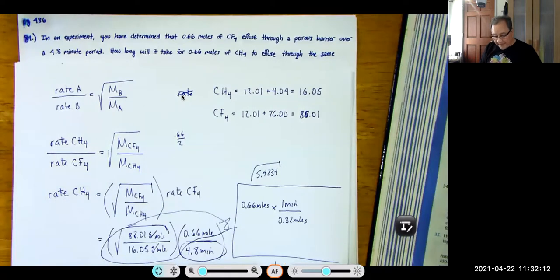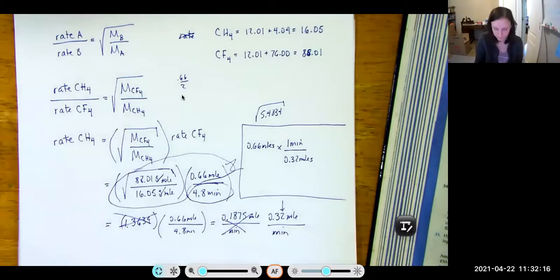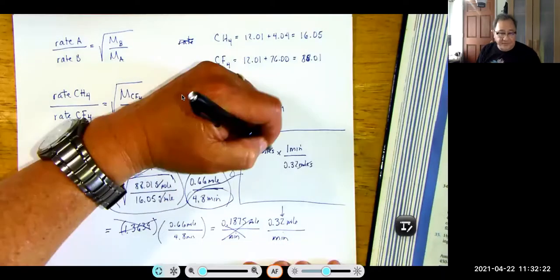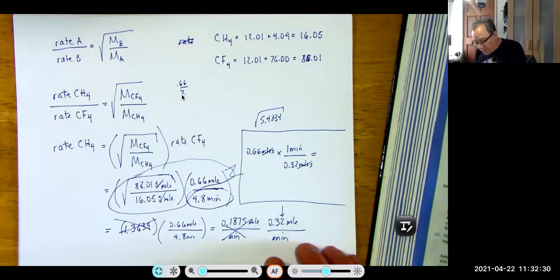So I have taken this 0.32 moles and flipped it. Okay. Why did I flip it? Because it's the same value, so that the moles cancel. Yeah. So take our 0.66 and divide it by 0.32 and we get 2.1 minutes.